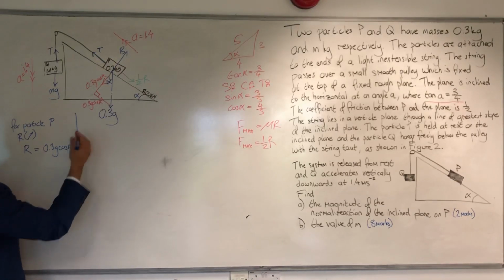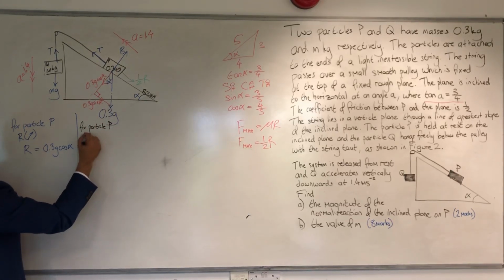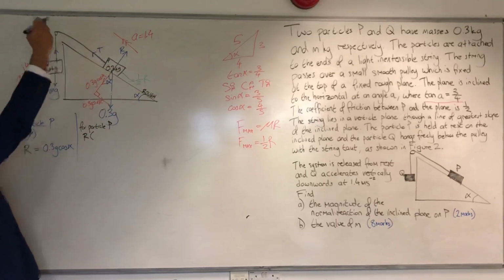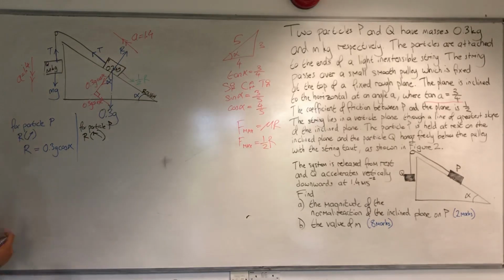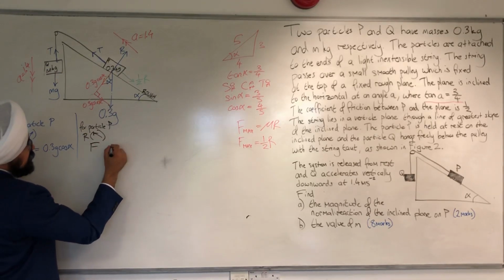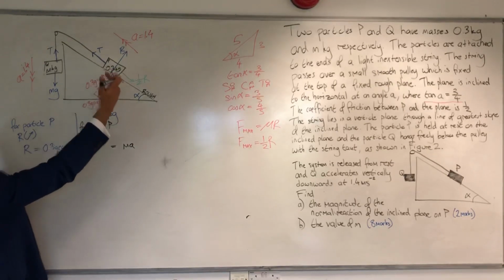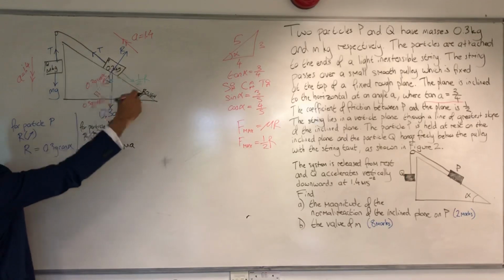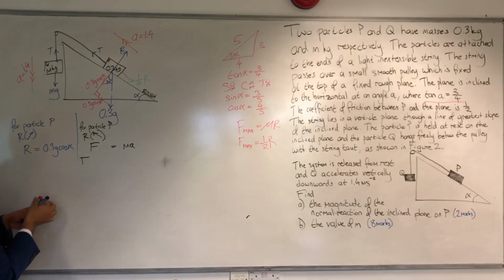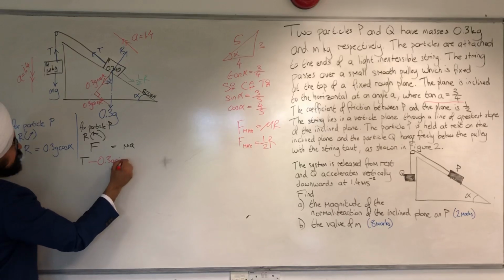Now what I'm going to do next, I'll use a different color pen, is for particle P, I'm going to resolve in the direction of acceleration for particle P, which is up the plane. And I'm going to use Newton's second law, which is F equals ma. So the resultant force for this particle with up the plane as positive is T minus 0.3g sine alpha.